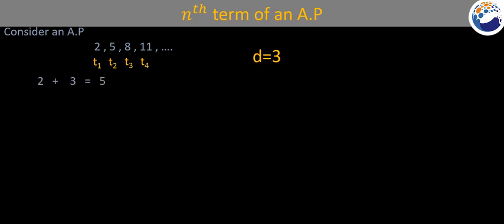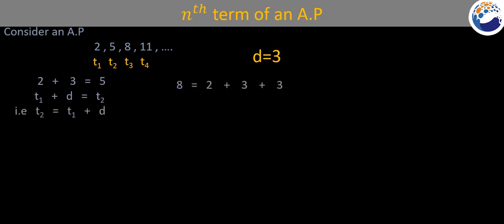nth term of an AP. Consider the AP 2, 5, 8, 11 and so on. Here T1 is equal to 2, T2 is equal to 5, T3 is equal to 8, T4 is equal to 11. Here the common difference is 3. When we add 3 to 2, we get 5. That is, we can say T2 is T1 plus d.